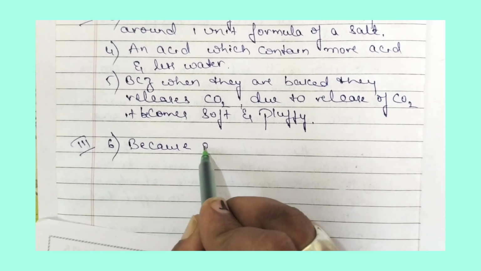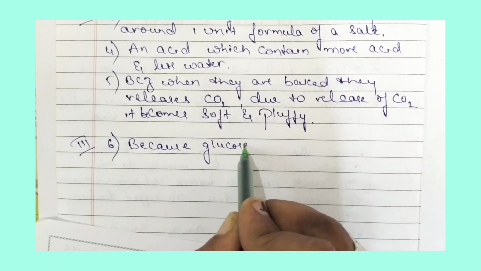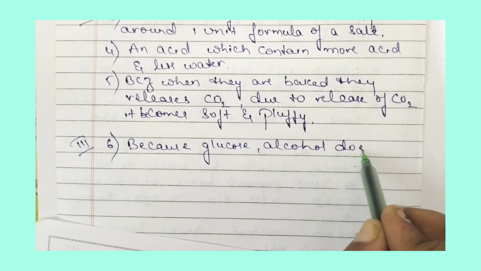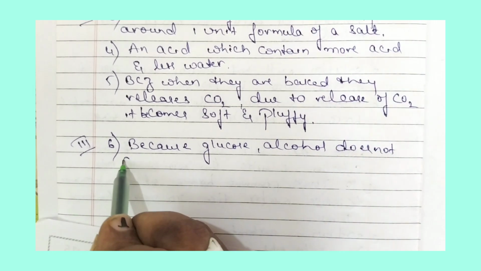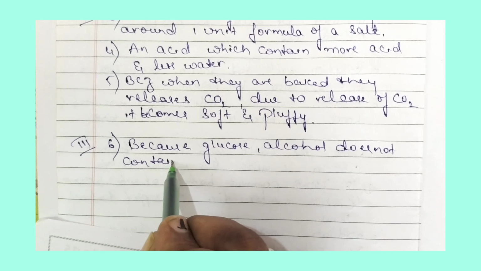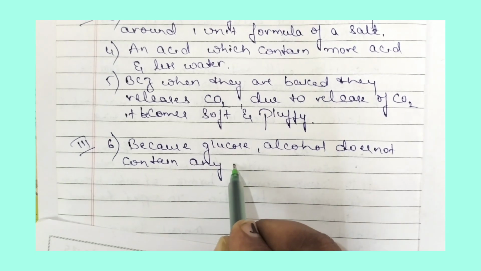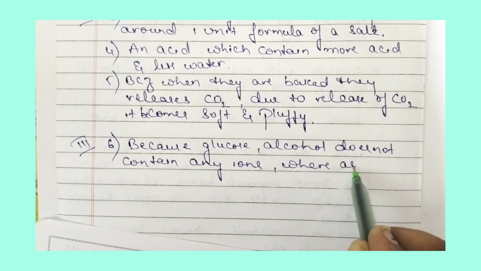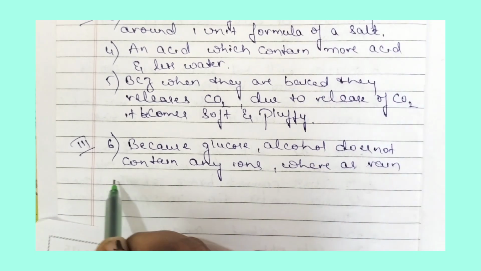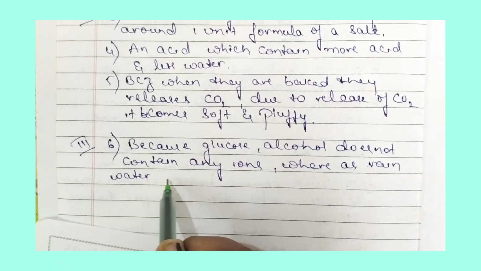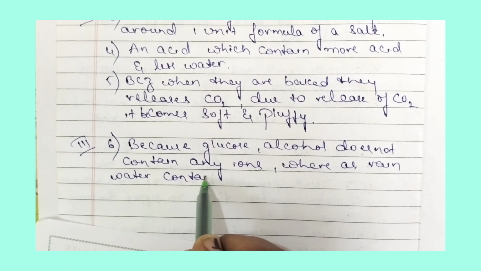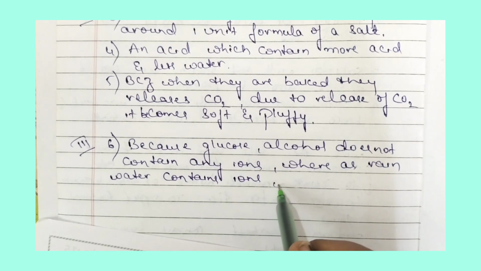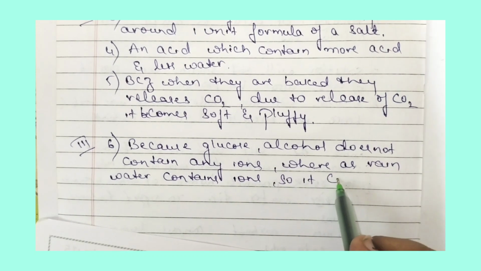Because glucose, alcohol does not contain any ions, whereas rainwater contains ions, so it conducts electricity.